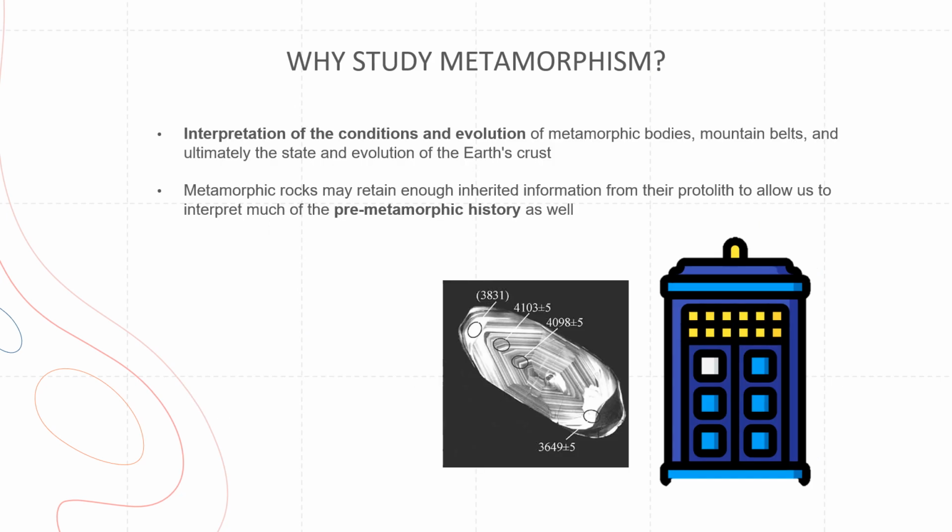We've taken a pretty deep dive into the introduction of metamorphism, so now we're going to take a step back and talk about why we would study metamorphism. So studying metamorphism ultimately is the interpretation of conditions and the evolution of metamorphic bodies, mountain belts, and ultimately the state and evolution of the Earth's crust.